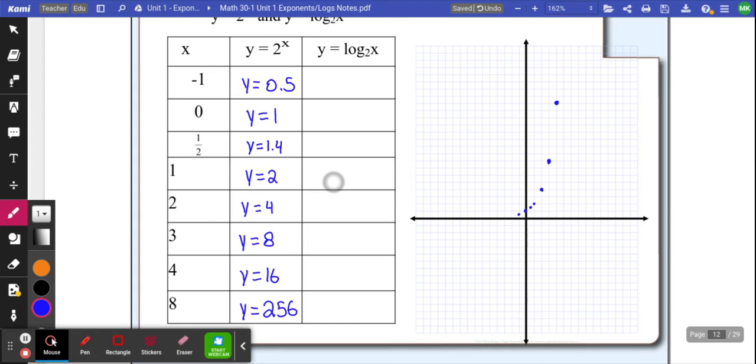Either way, you should have those points, which means your curve looks something like this, with arrows on the end. Notice that I don't cross that x-axis, right? We learned about that earlier. That's our asymptote.